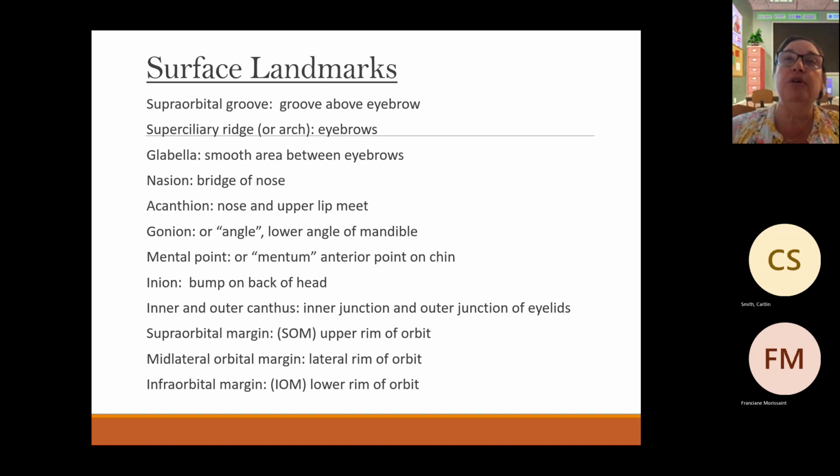Now, the supraorbital margin is if you come up right under your eyebrow, you can feel the very bone, that top part of your orbit. That's the supraorbital margin. The mid-lateral orbital margin is just the lateral part, whereas the infraorbital margin is the lower rim of the orbit.